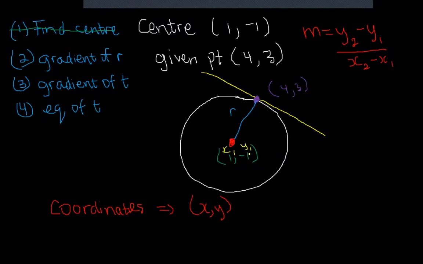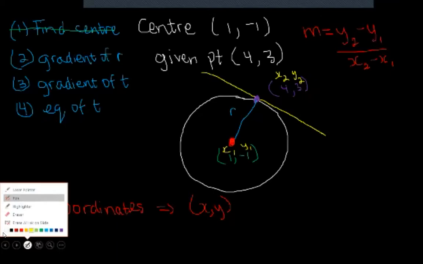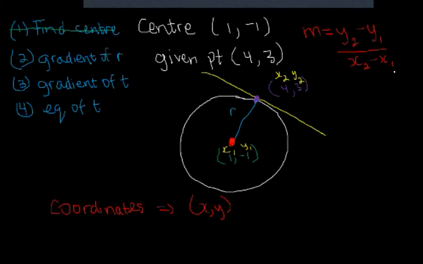So this coordinate represents x1 and y1, or I could swap them, it doesn't matter. I just want these coordinates to be x1, y1, and this to be x2 and y2. And all I have to do now, using these values, is substitute them into my equation to get the gradient of the radius.